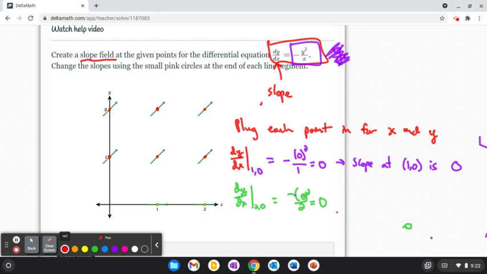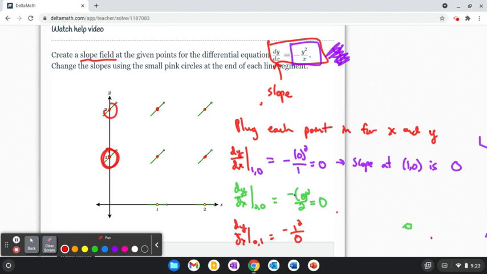All right. So then we're going to do the next one. So let's go ahead and do this one up here. So that's 0, 1. So we'll do dy dx evaluated at 0, 1. And we'll get negative 1 squared over 0. And you'll start to see that this one and this one, where x is both 0, well, 0 is going to be on the denominator.